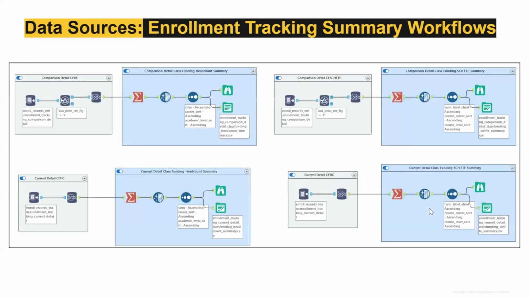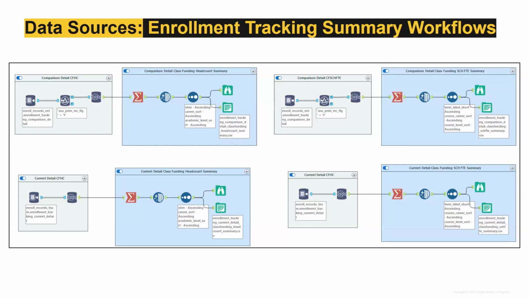And new this year, I'm proud to announce that we now also have past funding. So we have current and comparison class funding headcount, SCH, and FTE outputs for you to use as well.